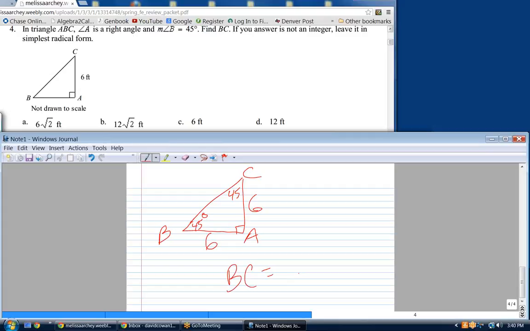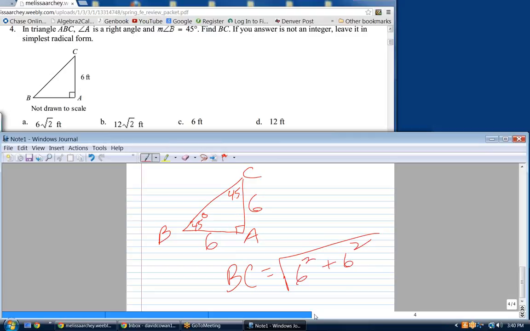Remember, when you're solving a right triangle, the first words out of your mouth always are square root of. Okay? So BC is going to be the square root of this side squared plus this side squared.